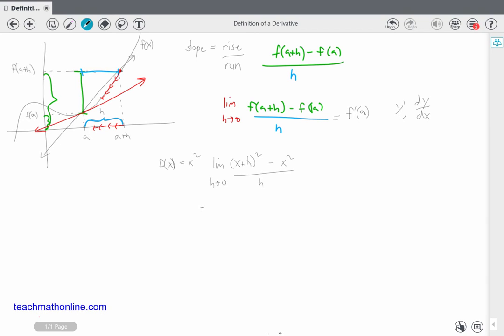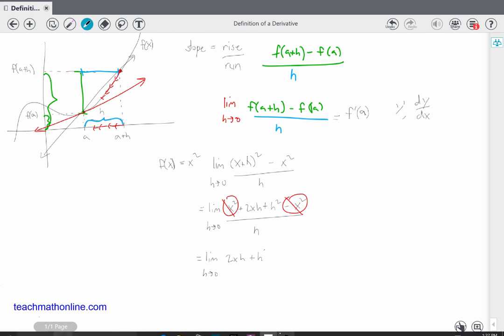This can be simplified to the limit as h approaches 0 of x squared plus 2xh plus h squared minus x squared all over h. We see here that our x squareds can be canceled out, and we are left with the limit as h approaches 0 of 2xh plus h squared all over h.